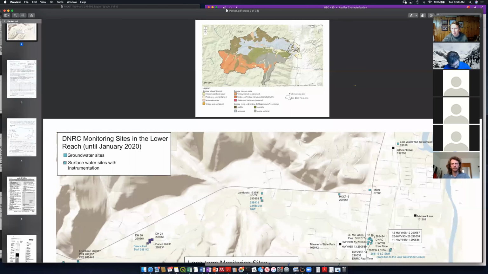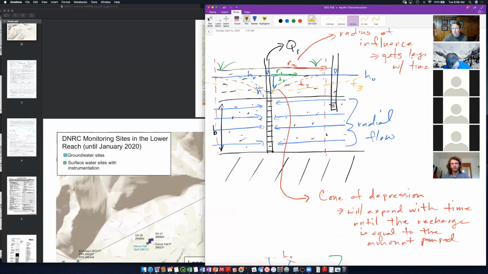Now let's call this radius here R obs, the radius of my observation well. And at time 3, the head in my observation well has dropped to H obs, let's say. So it's dropped this distance.